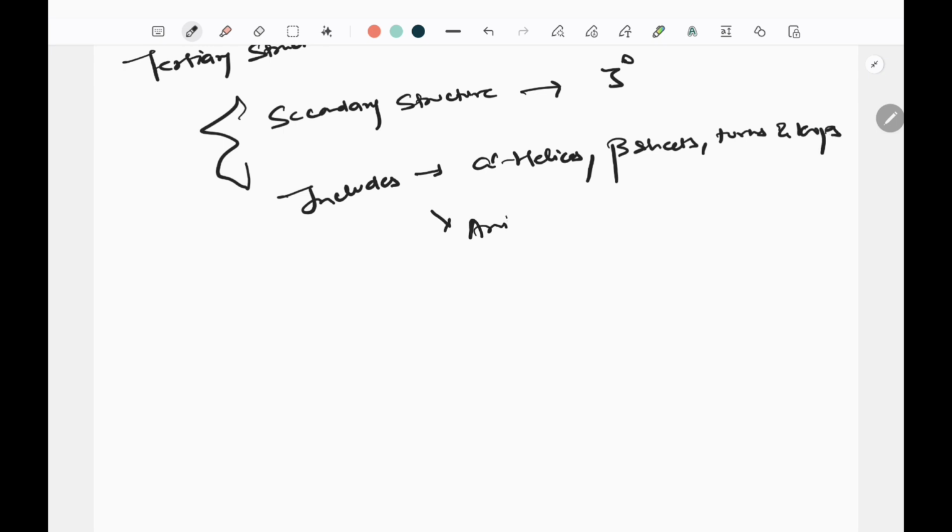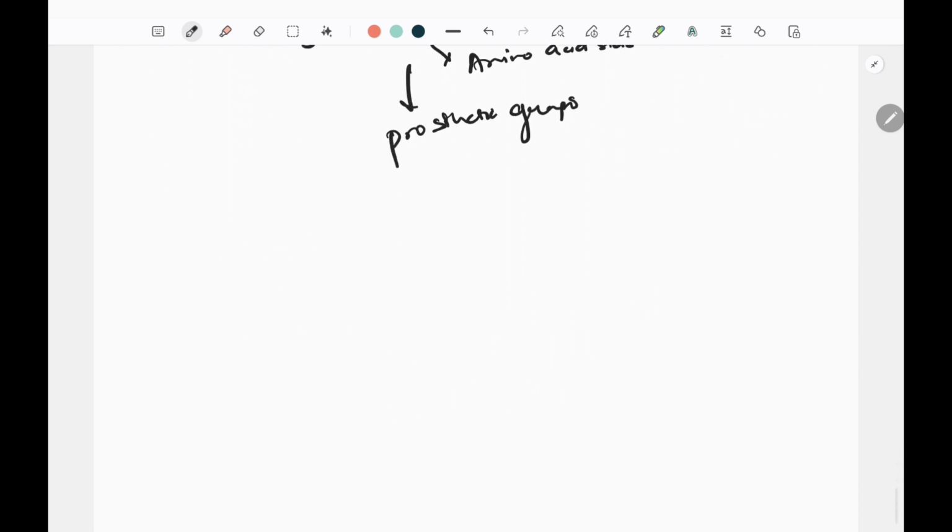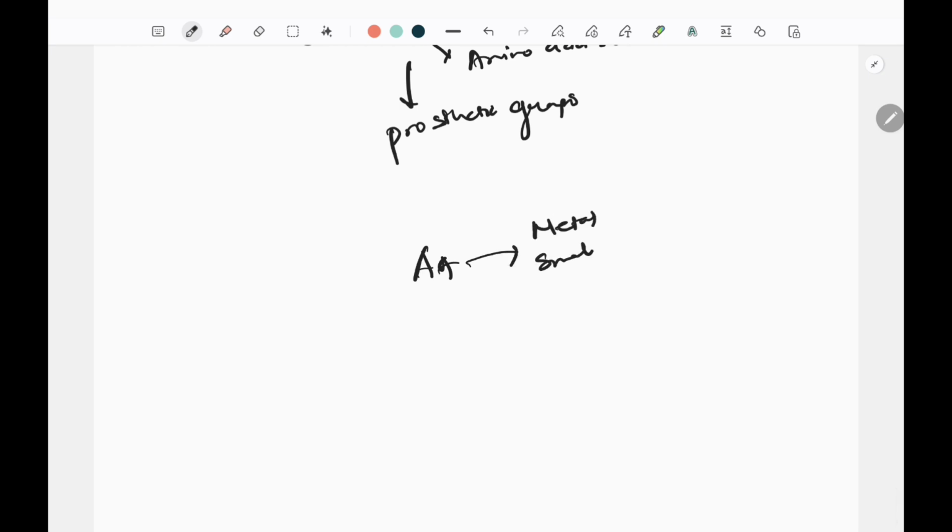It has amino acid side chains and even prosthetic groups, which we discussed earlier. So what happens is some amino acids can interact with metals, small molecules, or any other organic or inorganic compound.